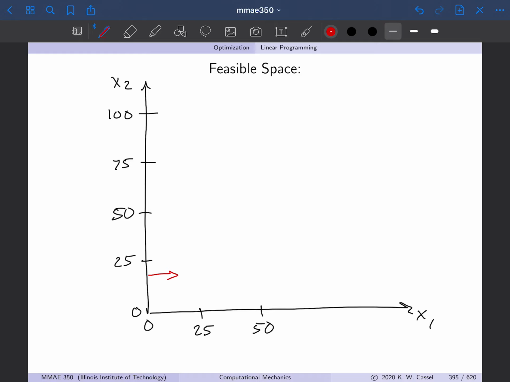So it has to be to the right of the x2 axis. Similarly, it has to be above the x1 axis. x2 has to be positive as well. Okay, so the feasible space has to be in the first quadrant of the x1, x2 plane. All right, so that comes from 616.